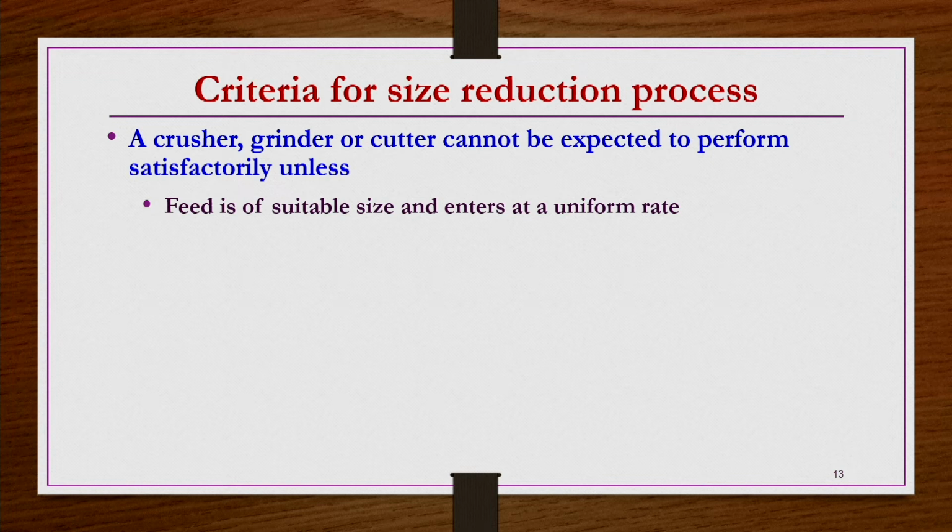As we have seen just now, a fluid energy mill can handle particles as large as 12 mm, but if the particles are smaller, it will be more effective. But if you have particles like 20 mm or 50 mm, it cannot handle them. So, the feed should be of suitable size for a given operation.